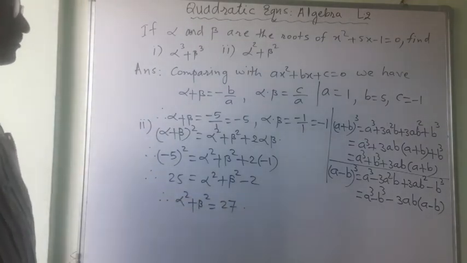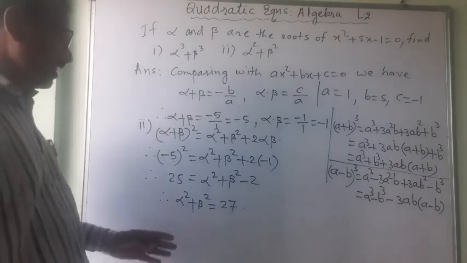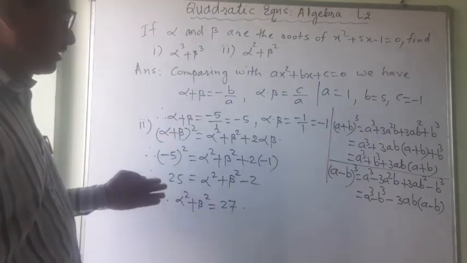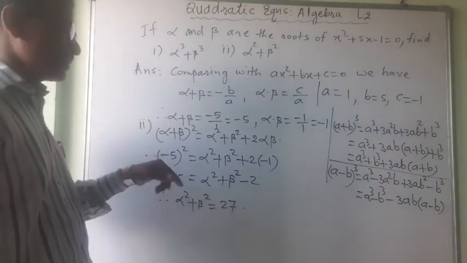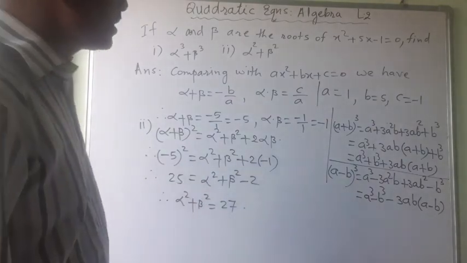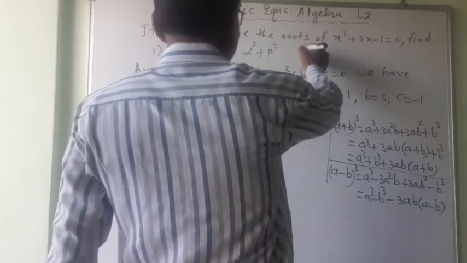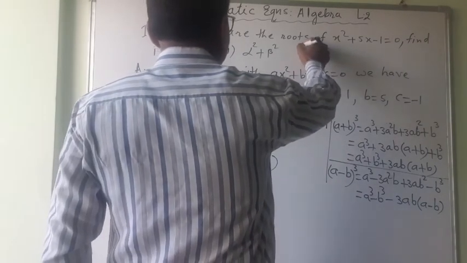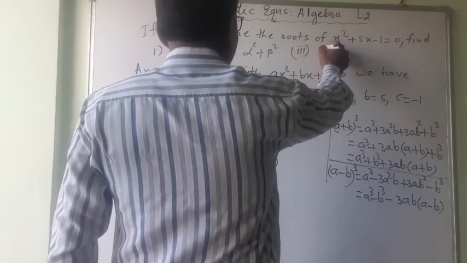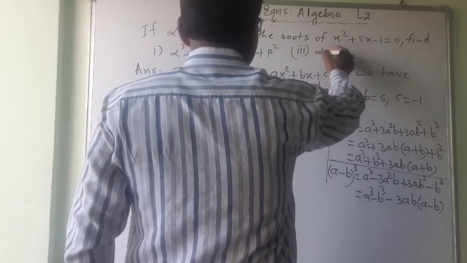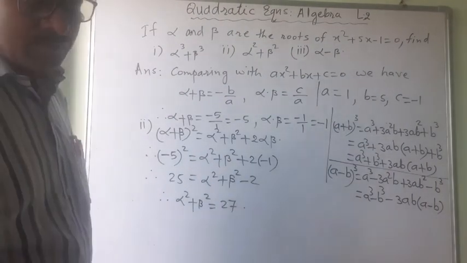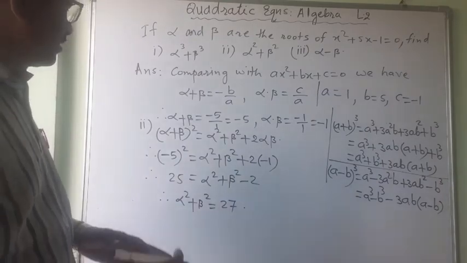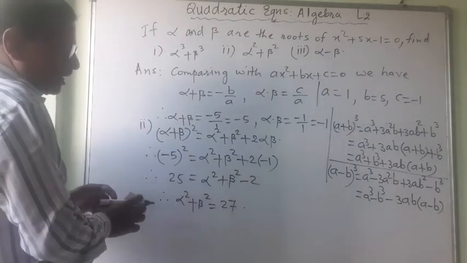Now, suppose alpha minus beta, that I have to find, so I will use the alpha minus beta bracket square formula. Say suppose they have asked number 3, alpha minus beta. If I want this, then the third one I am doing it.